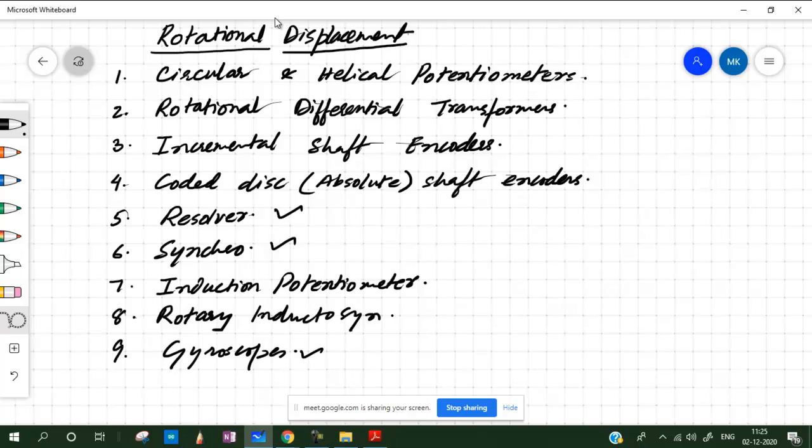Similar to LVDTs, we have rotational differential transformers, where rather than linear motion there is rotary motion, but the concept is the same. We have incremental shaft encoders, which are nothing but optical encoders, where we make use of phototransistors and slits through which the light passes.